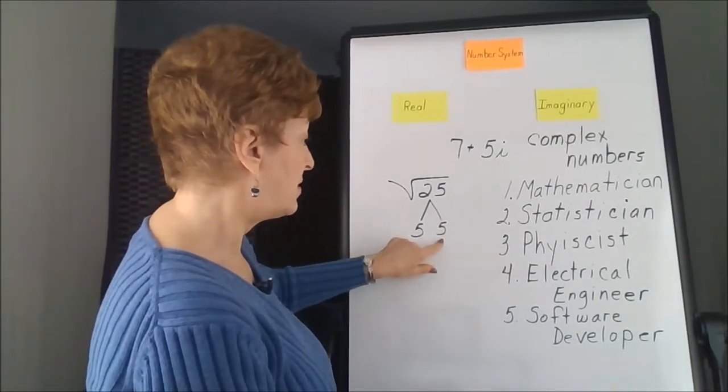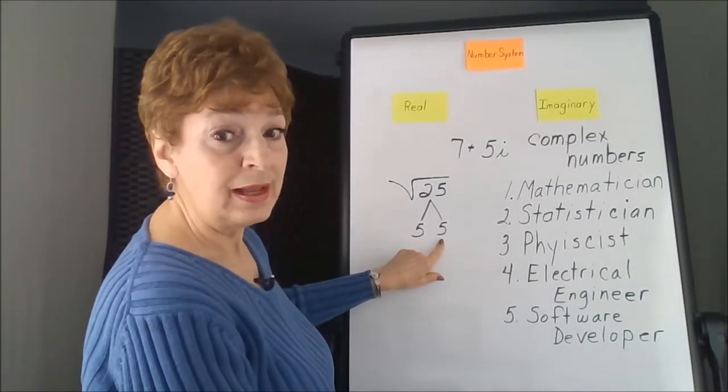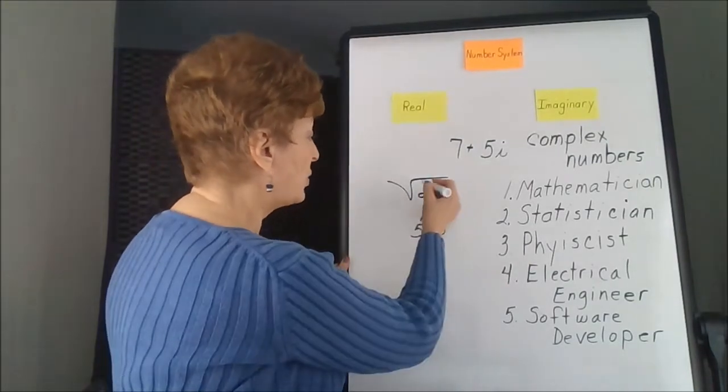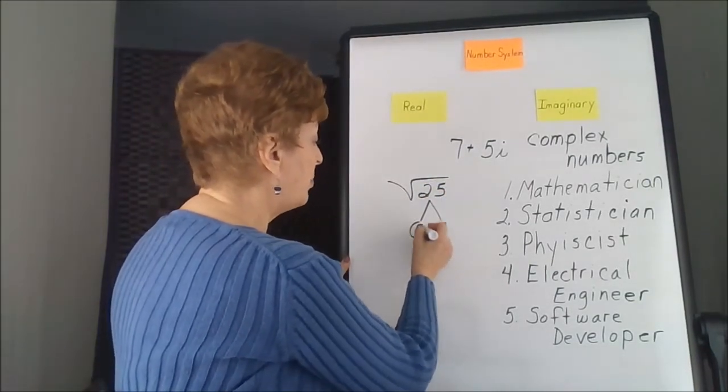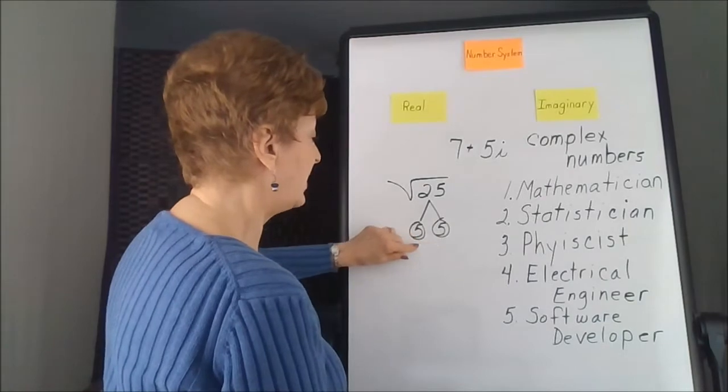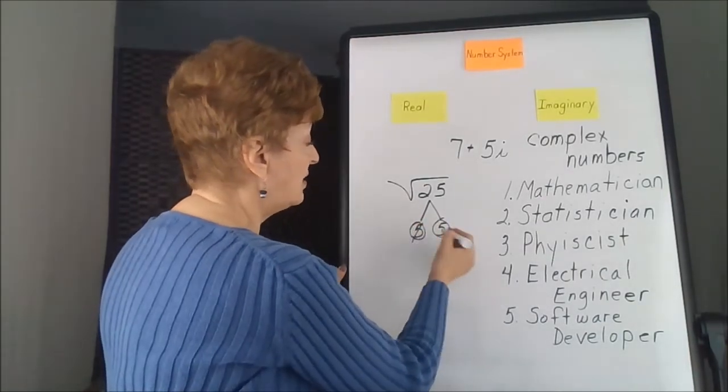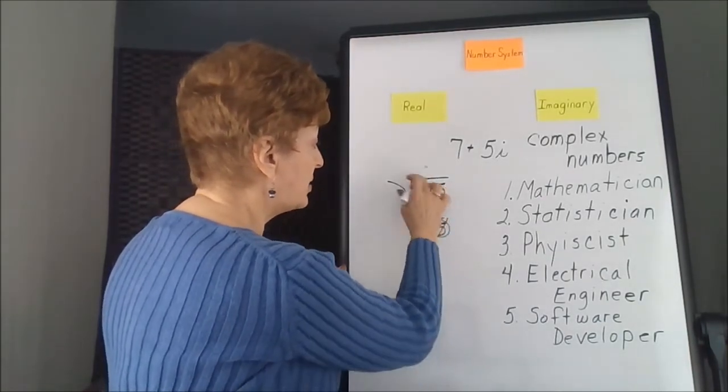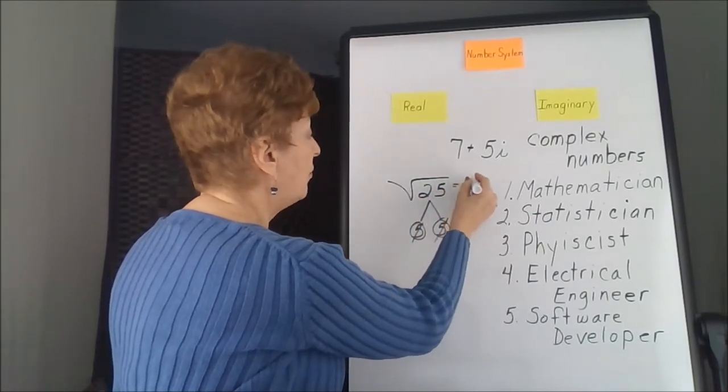So we have 5 times 5 is 25. We can then say that the square root of 25 is represented by one of the 5's in the pair. So one of these 5's would come outside of this radical sign and equal 5.